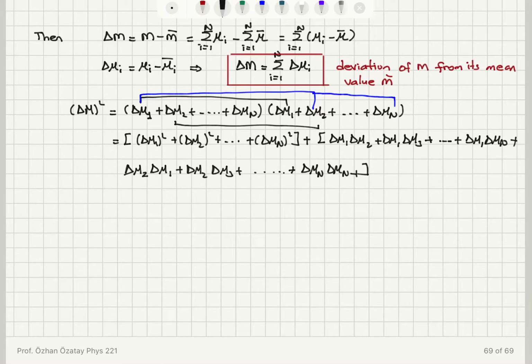So I can write this using mathematical language for delta m square.